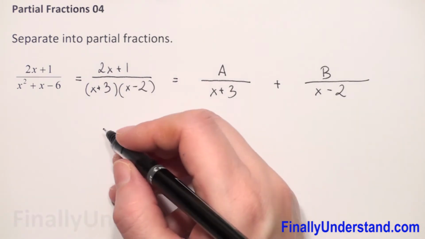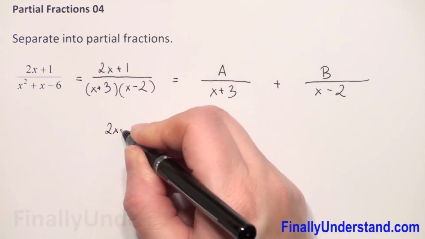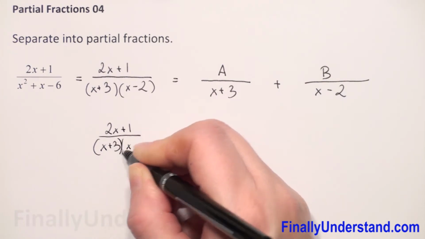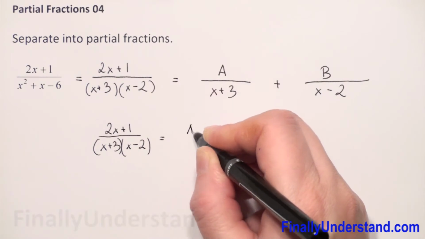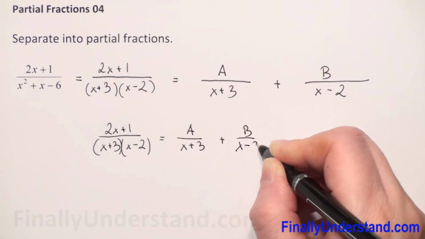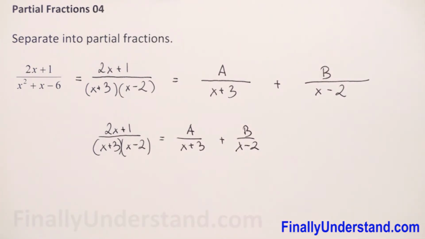Let me copy our example. We have 2x plus 1 over x plus 3 times x minus 2. This is equal to a over x plus 3 plus b over x minus 2. So first we have to get rid of the denominators, so we will multiply each side by the lowest common denominator, and the lowest common denominator is always the denominator of our original fraction.